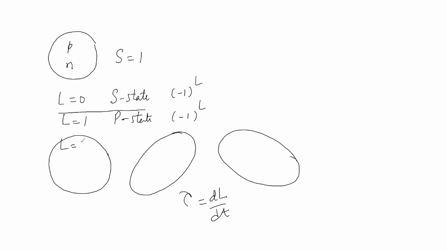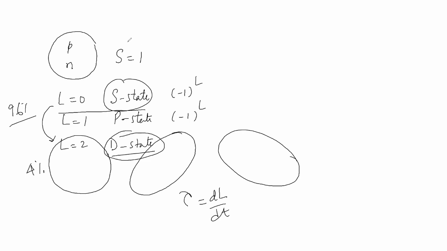That is why you add a few percent of the L equal to 2 state, which you call the D state. So therefore 96% of the time the proton neutron sits in the S state, while you need only 4% admixture from the D state. Your total spin is still 1.